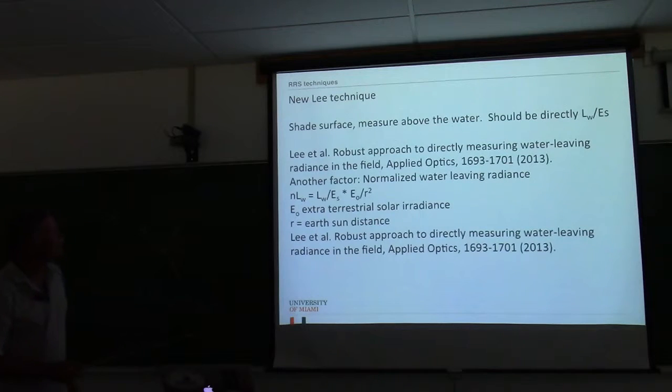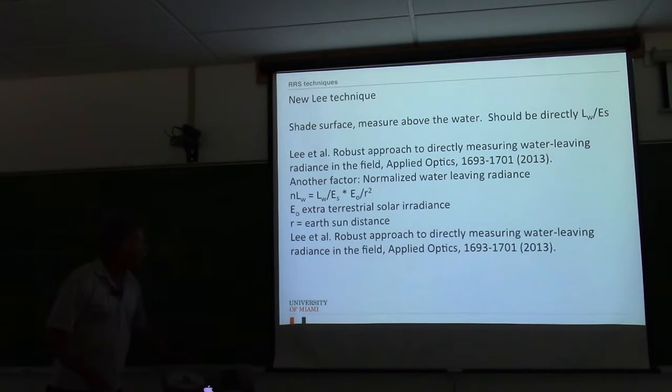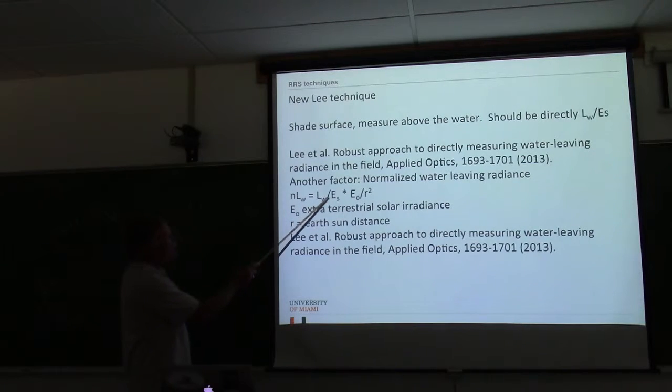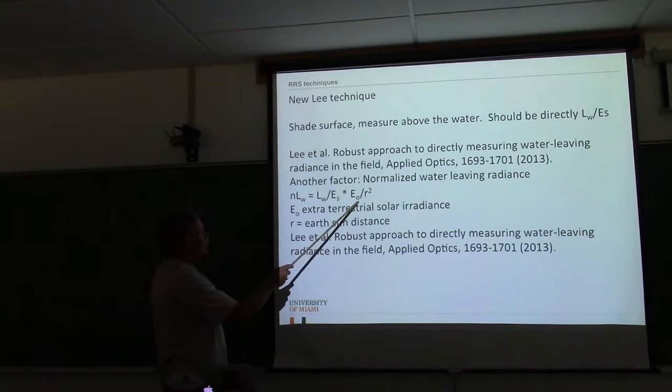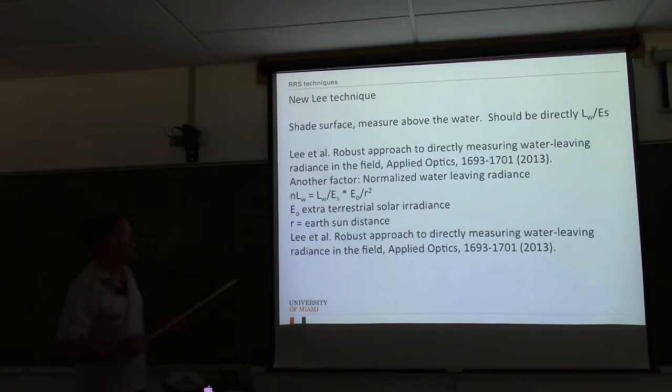What else? Oh, there's another factor, the normalized water leaving radiance that you'll see, and that's LWN, which we've already seen, multiplied by the extraterrestrial solar irradiance from a table, Neckel and Labs or whatever, divided by r squared, where r is the Earth-Sun distance.